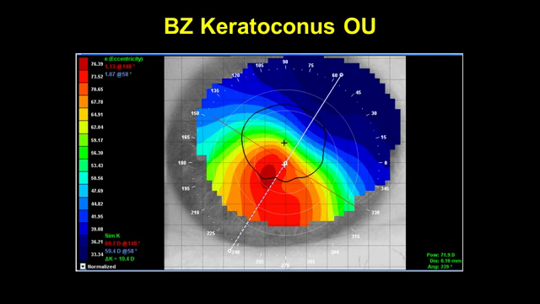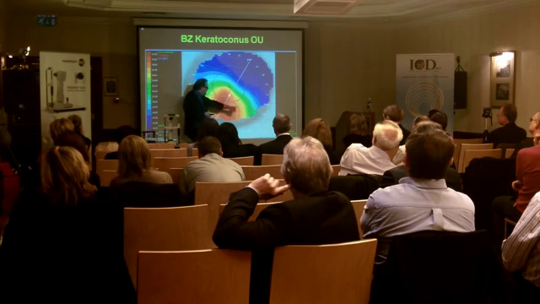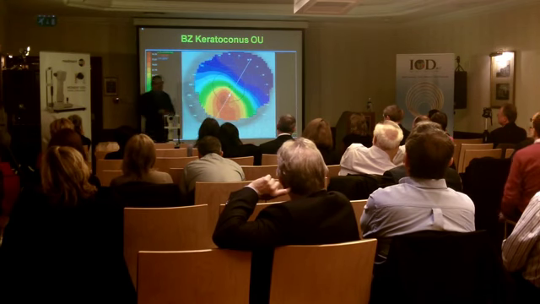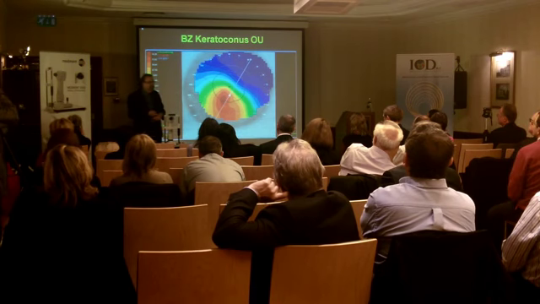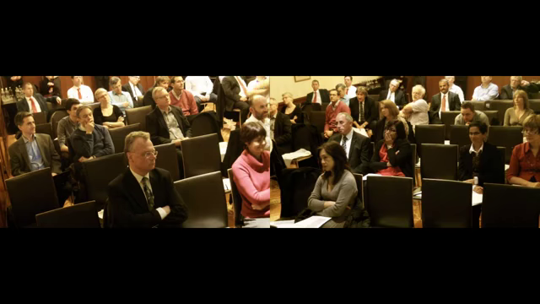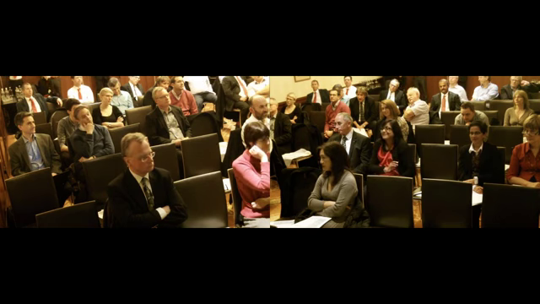So now let's fit this particular patient with keratoconus. The patient here at the center of the cornea has a radius of curvature of 72 diopters. God only knows what that is in millimeters. Forgive me, we still work in diopters in the US.